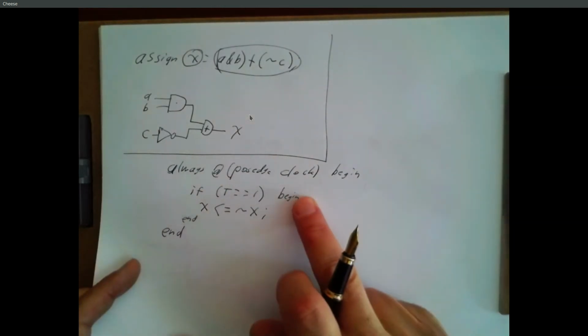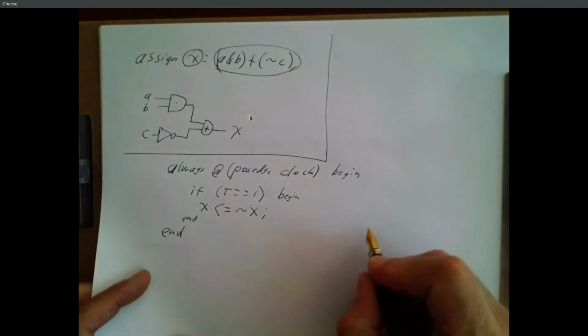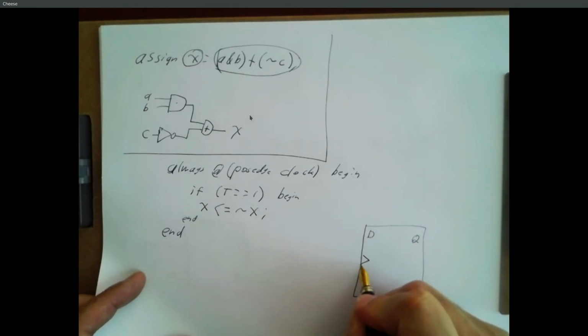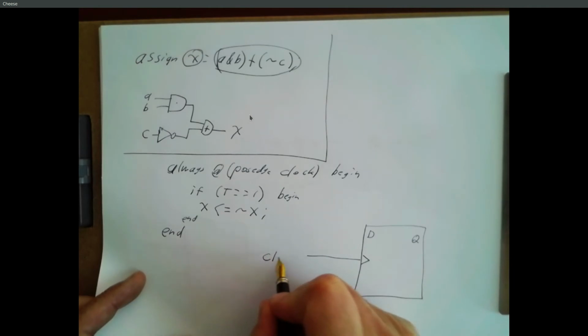Positive edge clock means we probably want a flip-flop somewhere, so we're going to have a flip-flop, and I'm just going to say this is going to be a D flip-flop. It's got a positive edge triggered clock, and this is certainly going to be connected to clock.